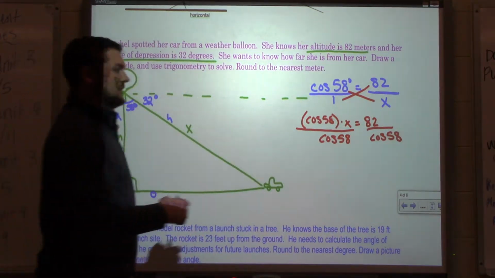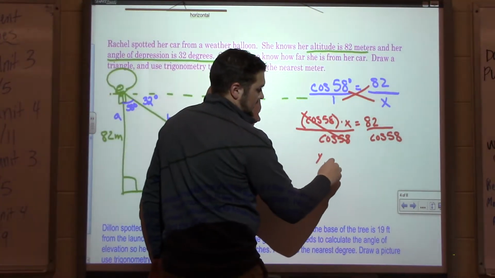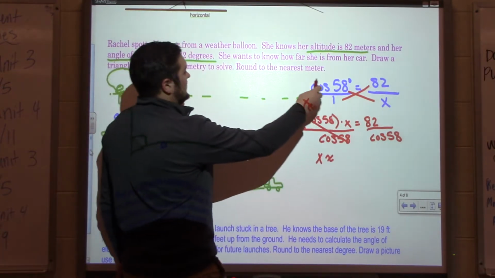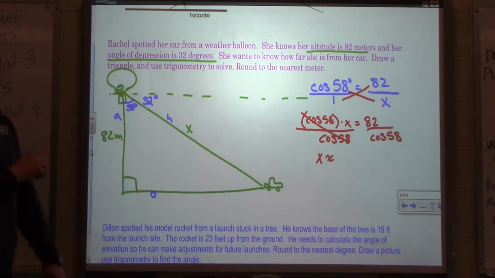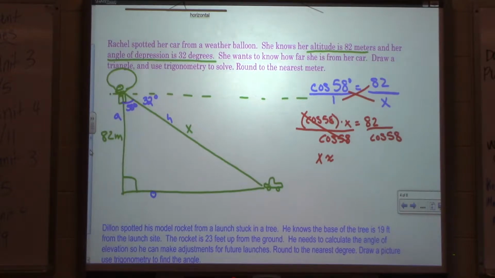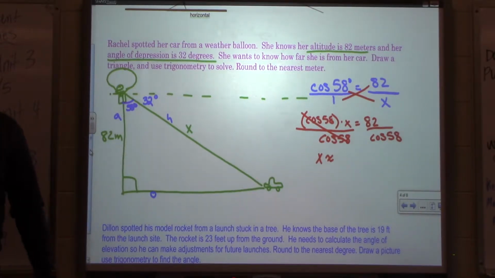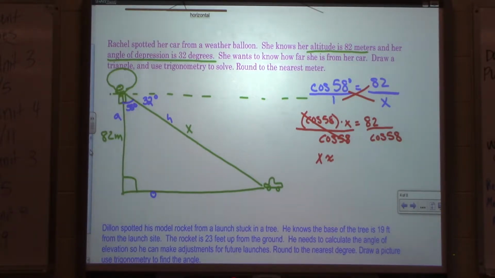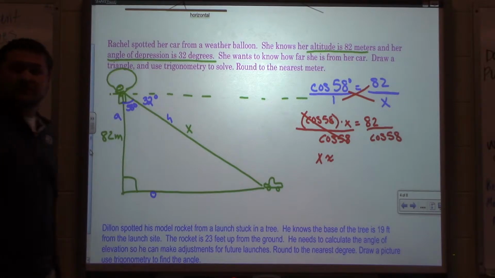Alright, so in my calculator then, x is approximately, remember we're going to the nearest meter. So 82 divided by the cosine of 58. What do we get when we put that in our calculator? So to the nearest meter, 155 meters.